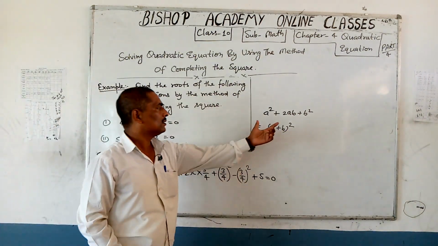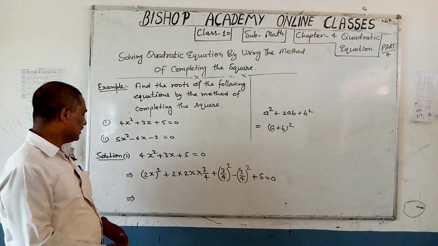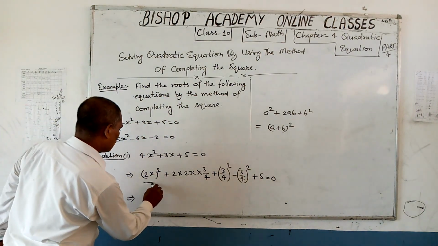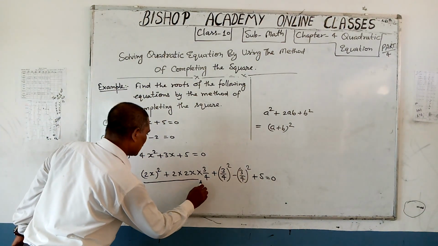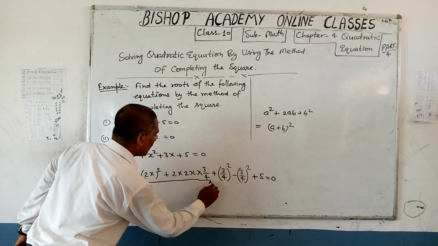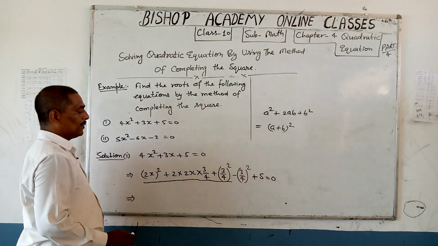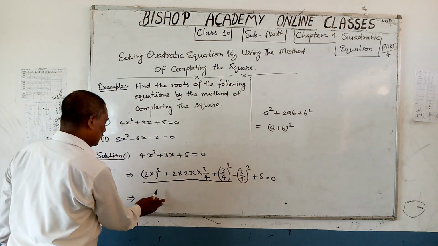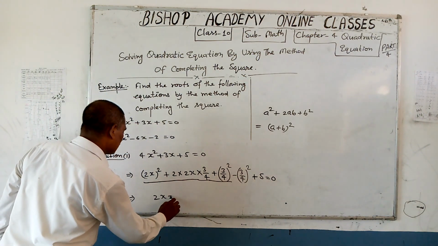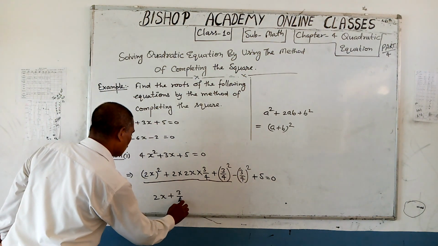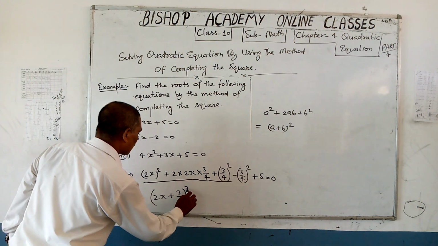So following this, you can write here 2x whole square plus 2 into 2x into 3 upon 4 plus 3 upon 4 whole square is equal to 2x plus 3 upon 4 whole square.